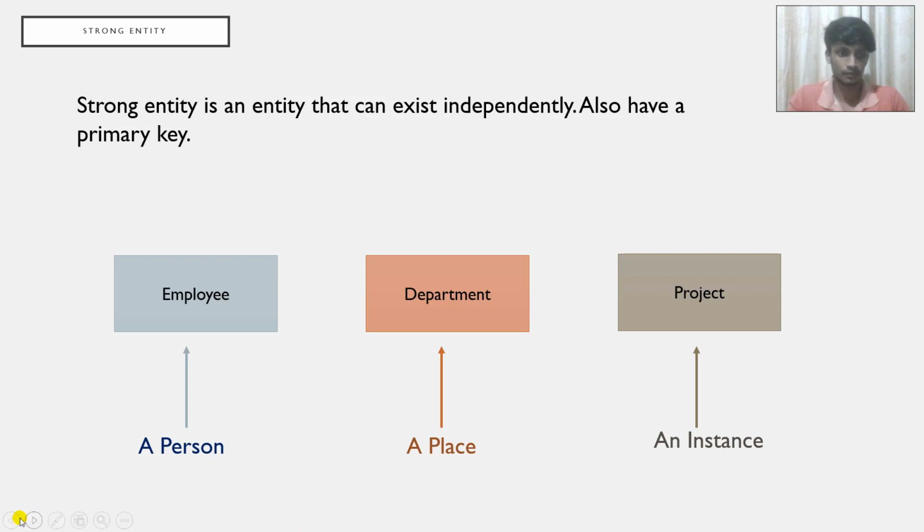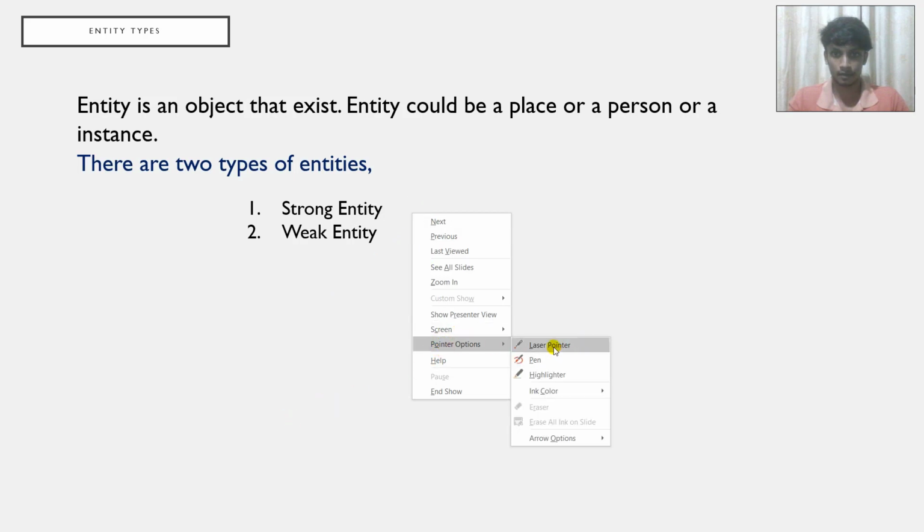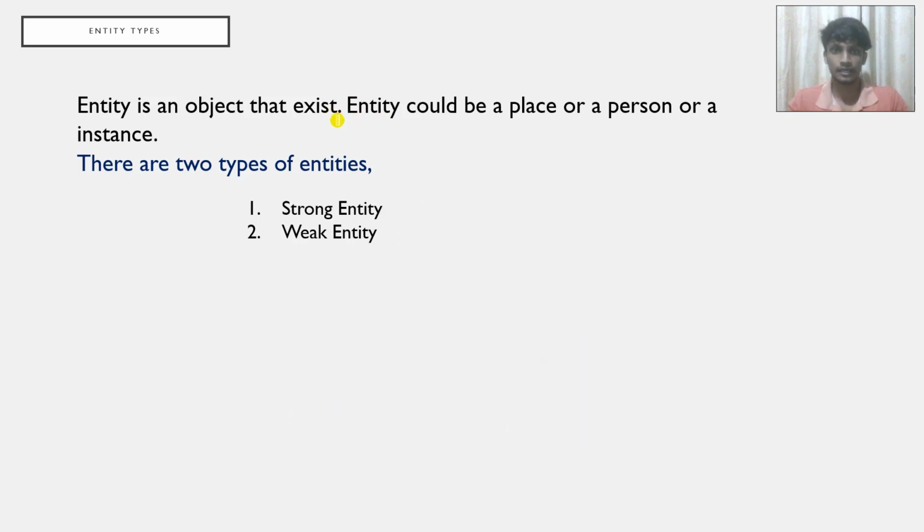In the previous slide the definition was that an entity could be a place, a person, or an instance.